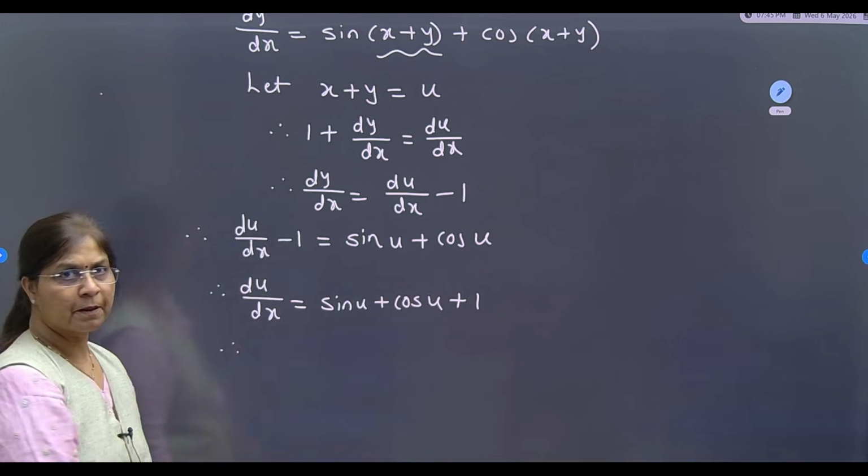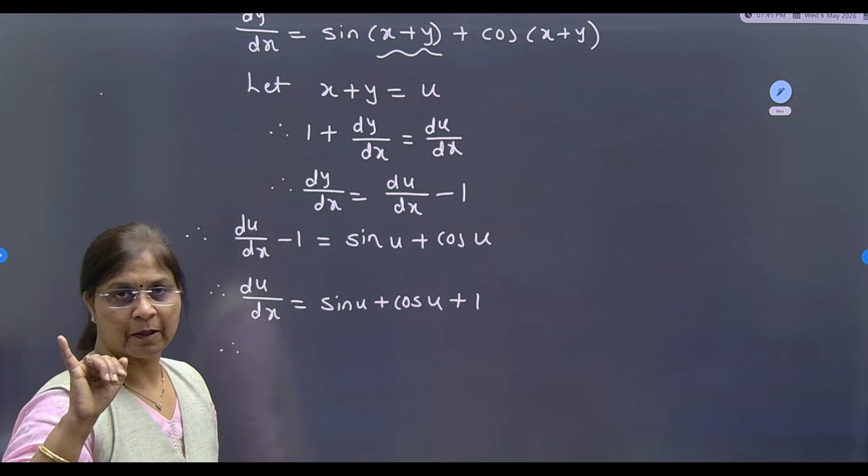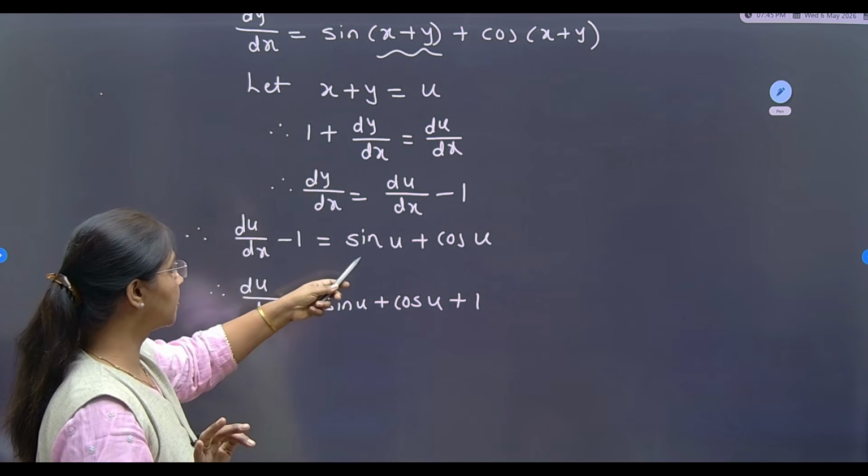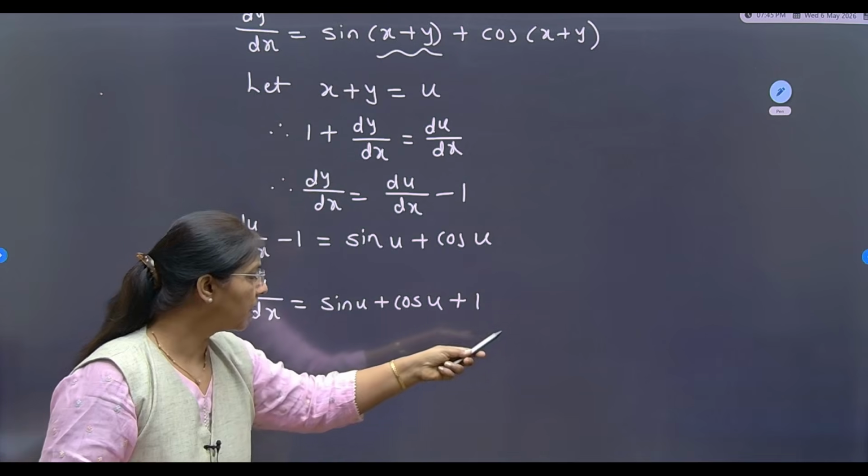Then step number 2. Step number 1 is substitution, step number 2 is differentiation.